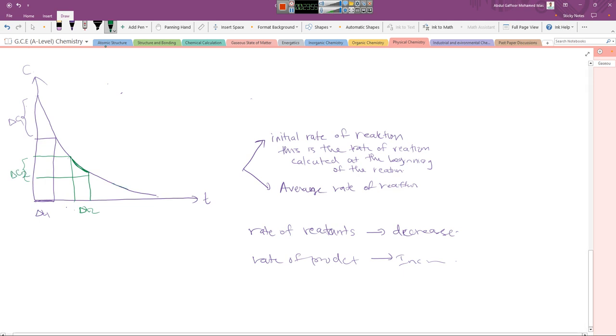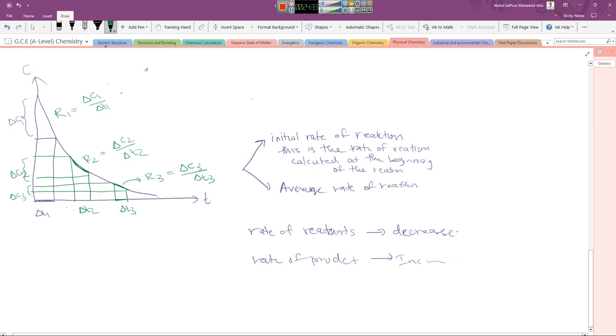Again I measure the concentration change within this time interval delta T3, and this is delta C3. Now if I measure the gradient, R1 is equal to delta C1 divided by delta T1. R2 is equal to delta C2 divided by delta T2, and R3 is equal to delta C3 divided by delta T3.